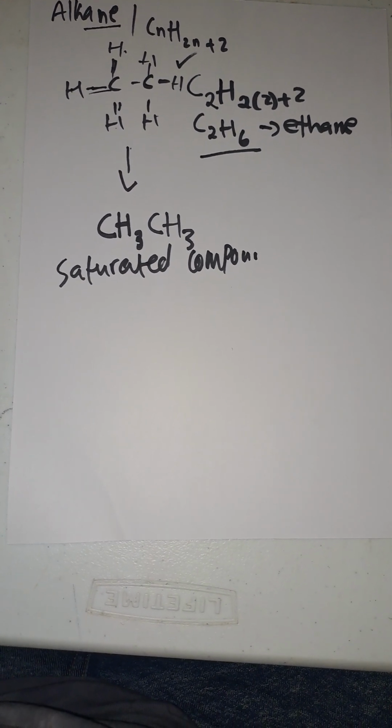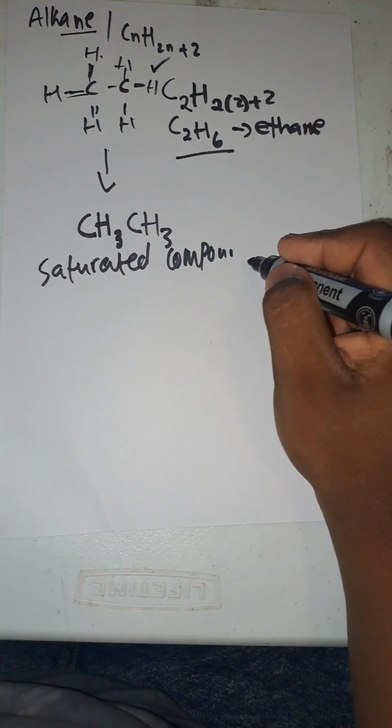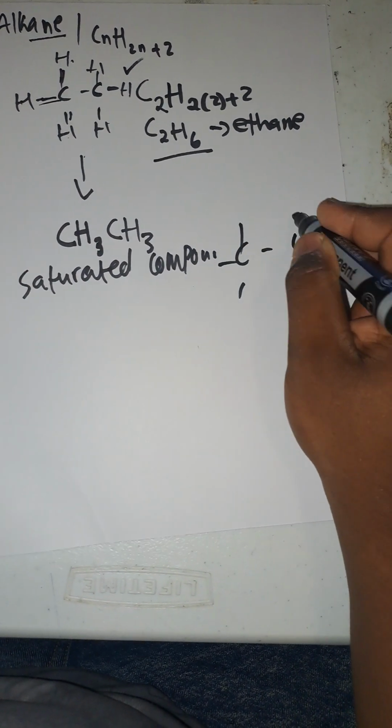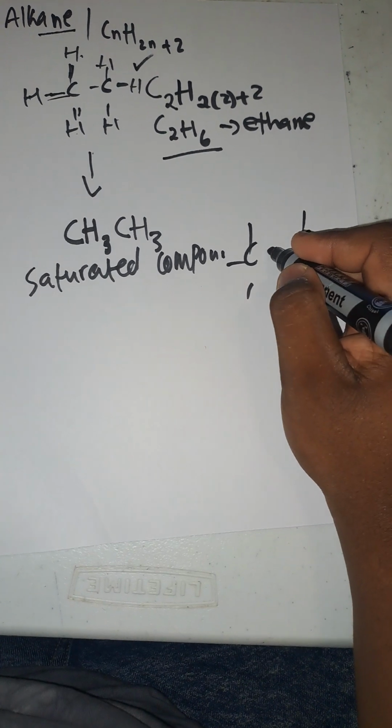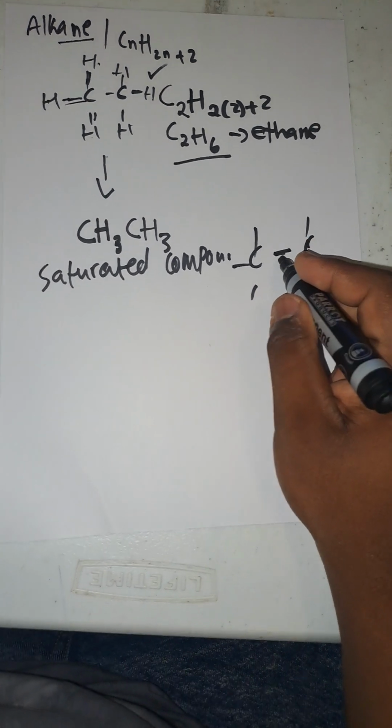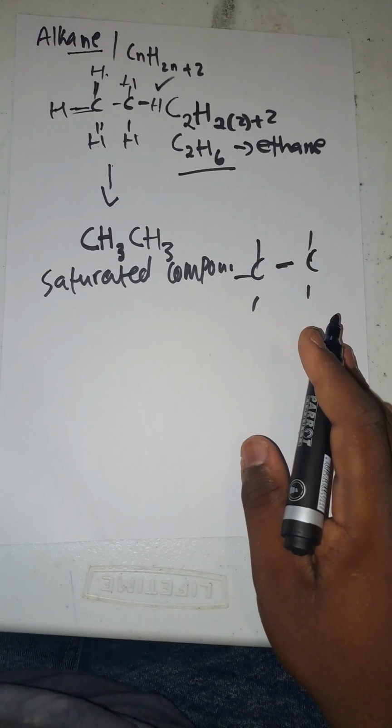Saturated compounds are compounds in which there are no multiple bonds between C atoms in their carbon chains. So this one is something like this. There are no multiple bonds. There are molecules whereby you'll find double bond lines on their structural formulas, but you'll understand as time goes on.